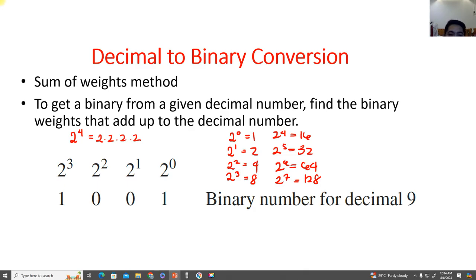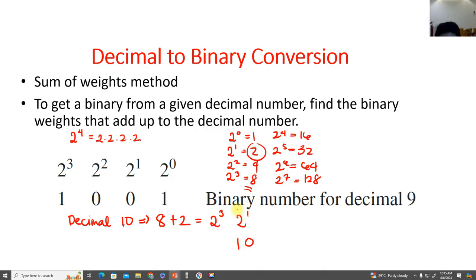If we get, for example, a decimal number that is 10, we are going to dissect this 10 into the nearest sum of weights. So we have 8 plus 2. The position of 8 would be 2 raised to 3, and for 2 you have 2 raised to 1. So how do you write that in binary?